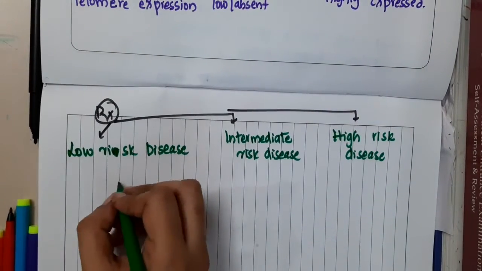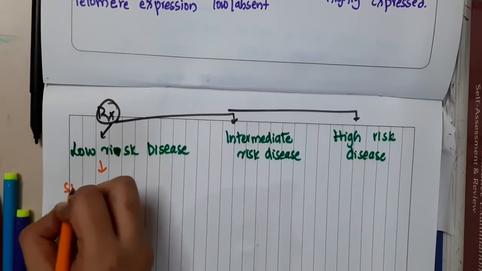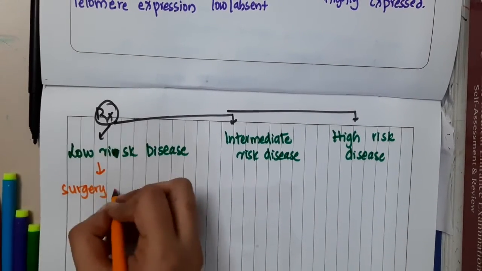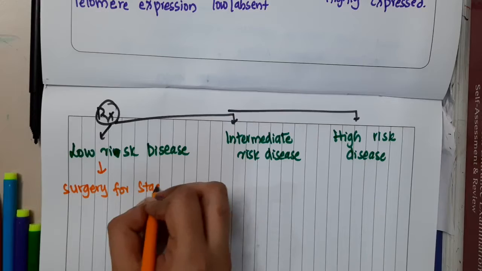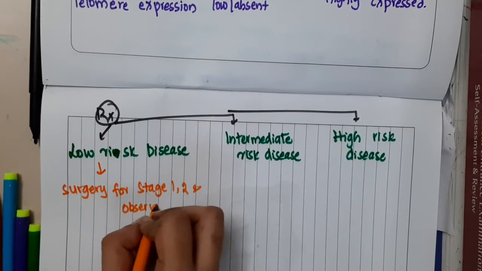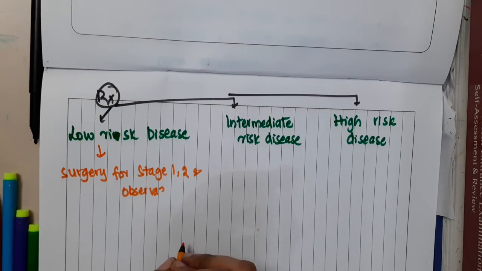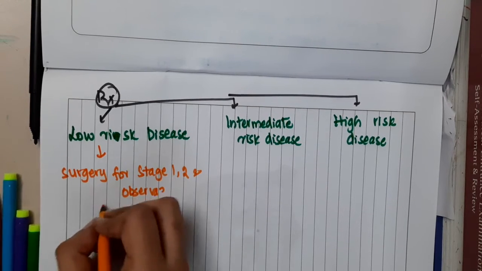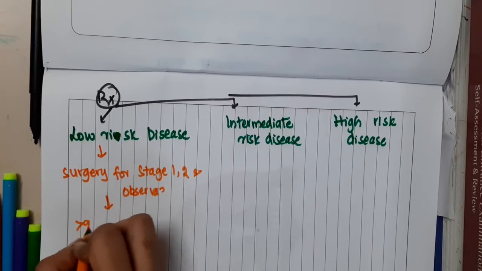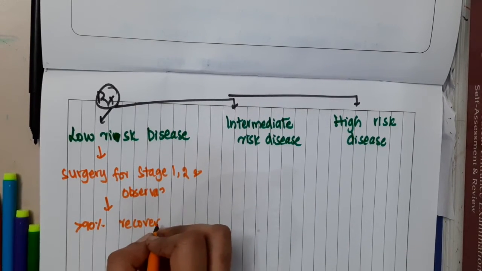In low risk disease, surgery should be done for stage 1 and 2, and observation should be done. After surgery, more than 90% of patients will recover.